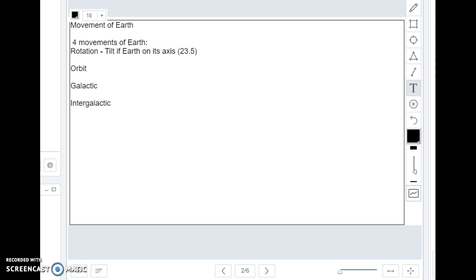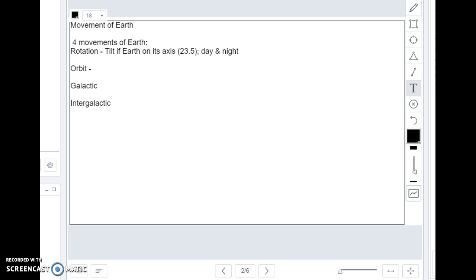And this tilt, this rotation, is what causes day and night. So this rotation helps us or gives us day and night, all right? The tilt deals with our seasons, specifically with our seasons. And we'll talk a little bit about that here when we're talking about our orbit.